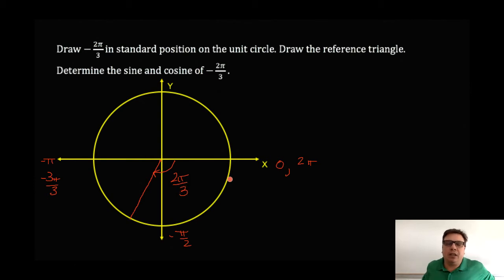Now, if you're not comfortable yet with the pi over 3s and the 2 pi and everything in radians, convert it to degrees temporarily to draw so that you can have a better visual, and then work from there. So now I'm drawing back to the x-axis, because I need to find this point here. I'm going to have to draw an angle in there.